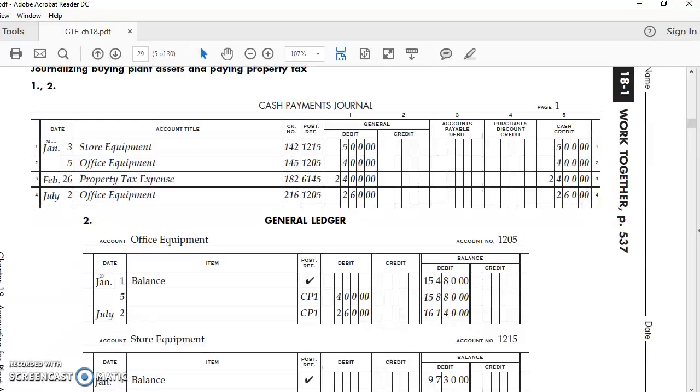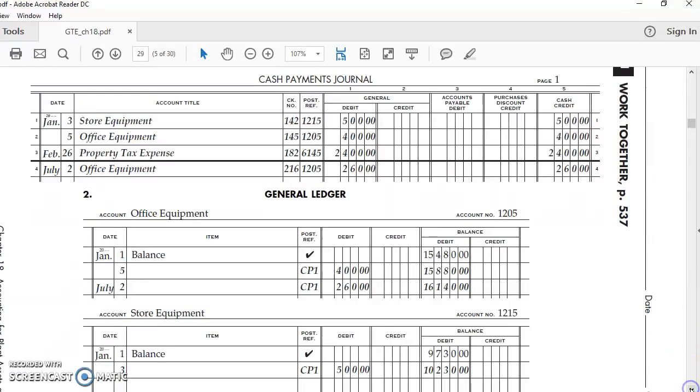Now, the textbook's asking you to post these transactions. It's been a while since we manually posted, but if you look up here, you're going to find store equipment. Again, posting is copying down data. We're going to put January 3rd under store equipment because that's our first transaction.